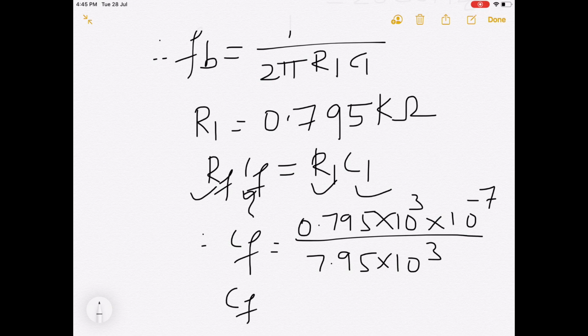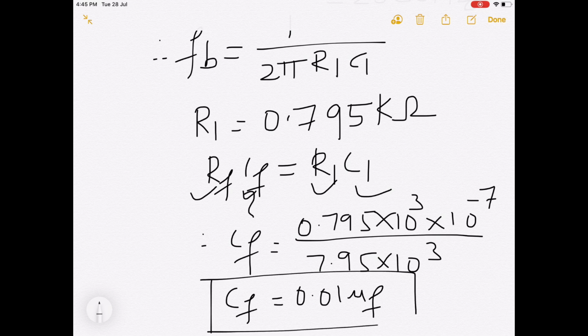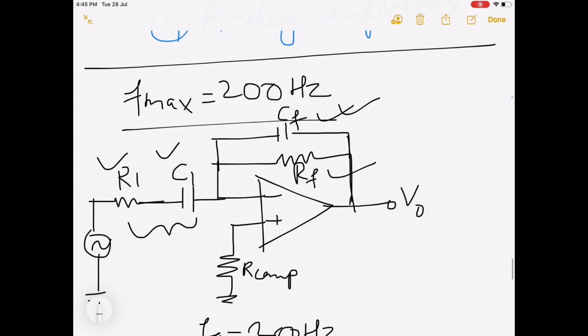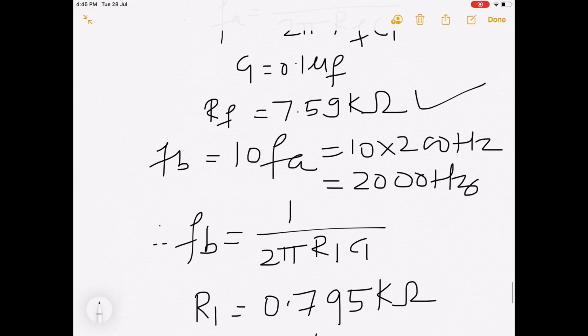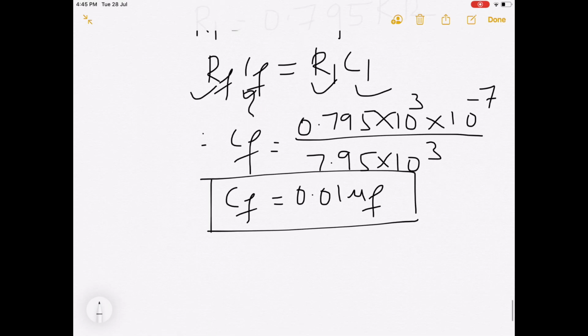So, your CF will be 0.01 microfarad. In this way we have calculated all the components; put the values here and complete the designing. In this way we can write the answer for designing of a differentiator. So, that is all for today. See you in the next lecture. Thank you.